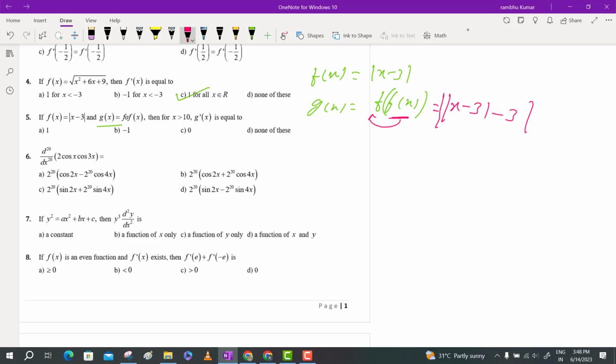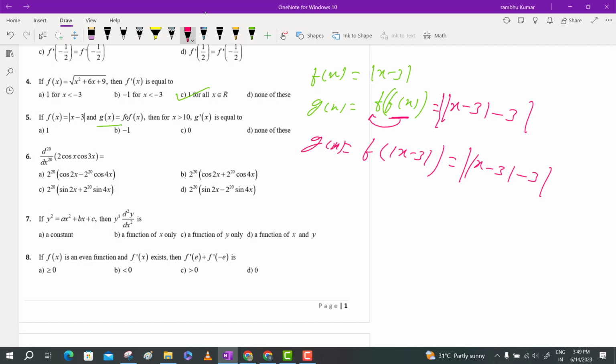Something you can write like this also. f of mod x minus 3, then mod x minus 3. Got it? So like this you can write.